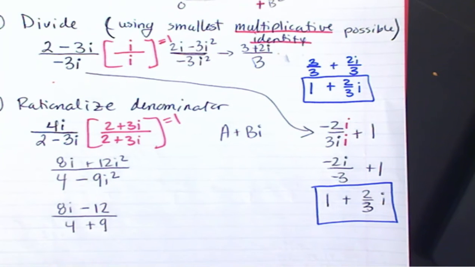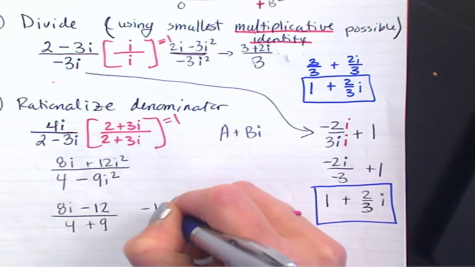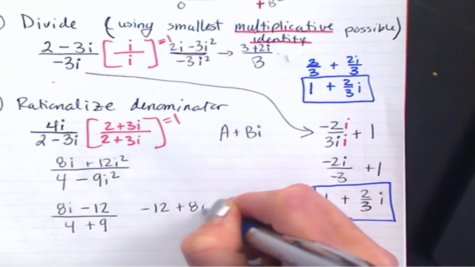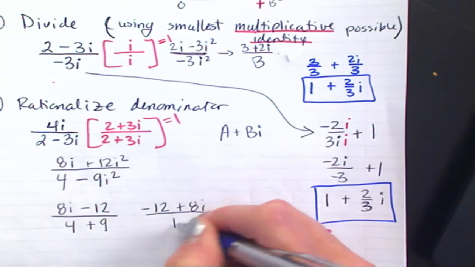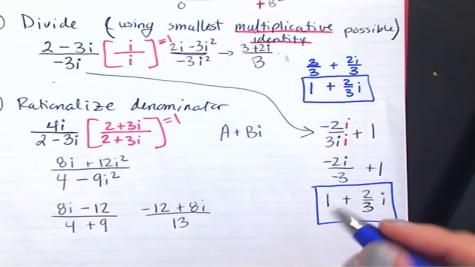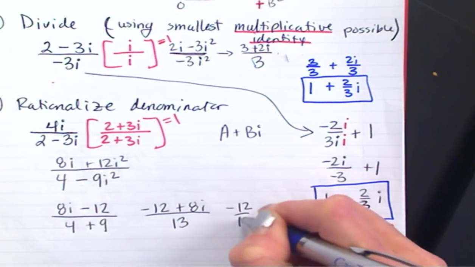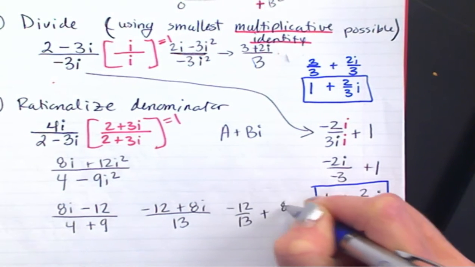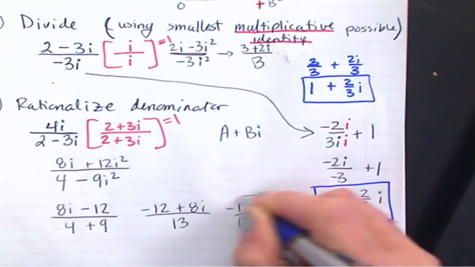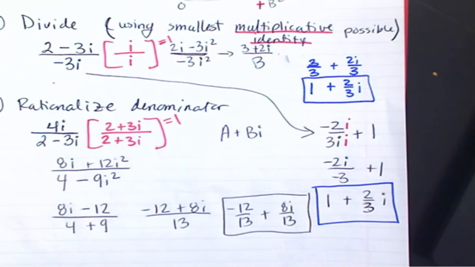Okay, I'm going to put it in the correct format. Put my real parts first and my imaginary part second. Technically, I should split this up, just in case I was going to graph it. There's no good reason to graph that one. Besides, it's in quadrant 2. If I wanted to.